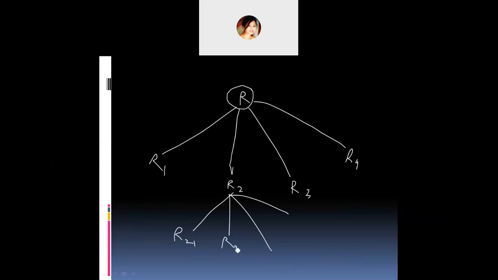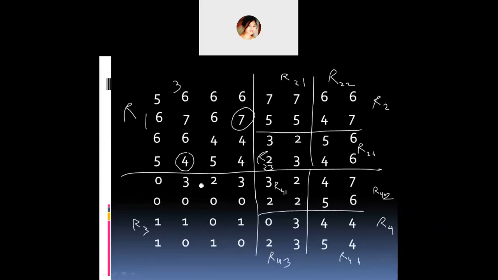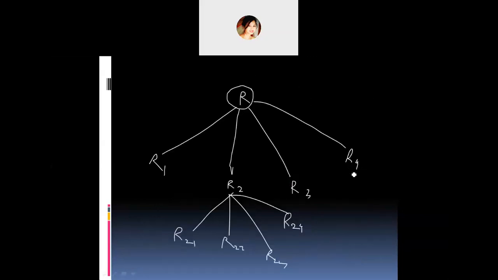Again R2 is divided into 4 regions: R21, R22, R23, R24. Then R3 was untouched because it was already satisfying the condition, 3 minus 0 is 3, so leave it. And R4 was not satisfying the condition previously, so it was split into 4 subregions and named R41, R42, R43 and R44.